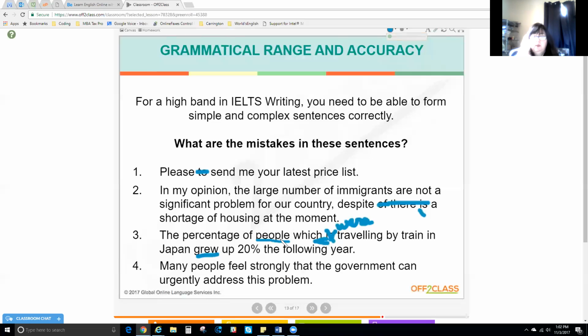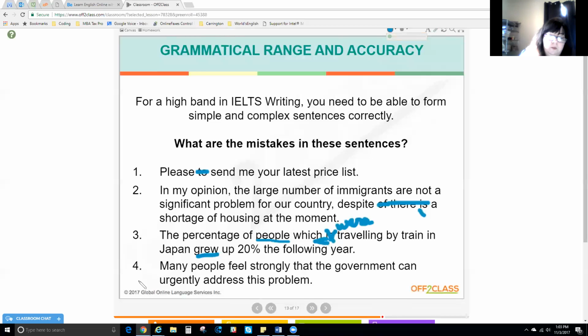So, the percentage of people which are, I would say who are, traveling by train in Japan "has grown." No, only if you were making it present tense, "has grown up to 20% this year." So the best answer here: the percentage of people which were traveling by train in Japan grew up to 20% the following year.